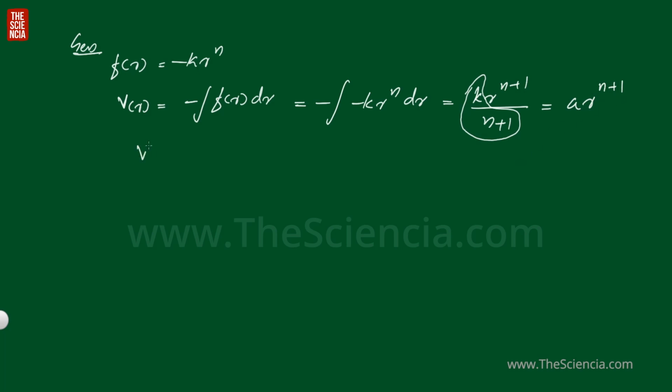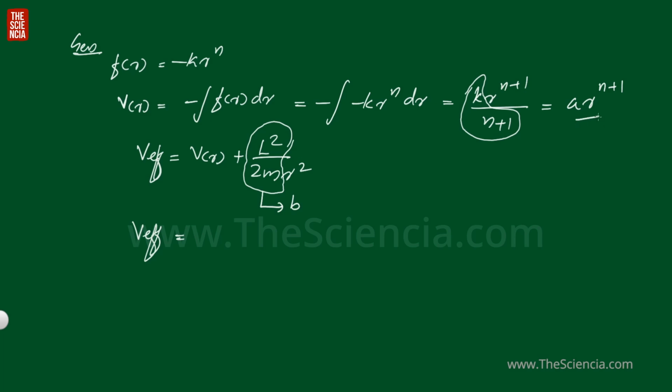And we know the effective potential V effective is equal to V(r) plus L²/2m r². Here L²/2m is a constant, and I am rewriting this as b. So I can rewrite V effective as a r raised to n plus 1 plus b r raised to minus 2.